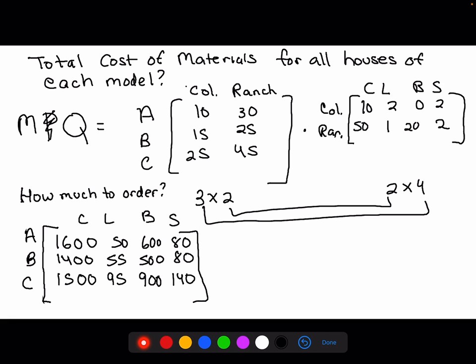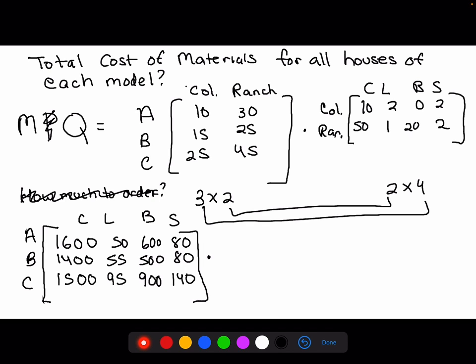No, we just figured that out. Oh, we're already doing that. So that was the amount of material needed for all houses of each model. Then we need to multiply by our cost matrix to see what's the total cost for the materials for each model.